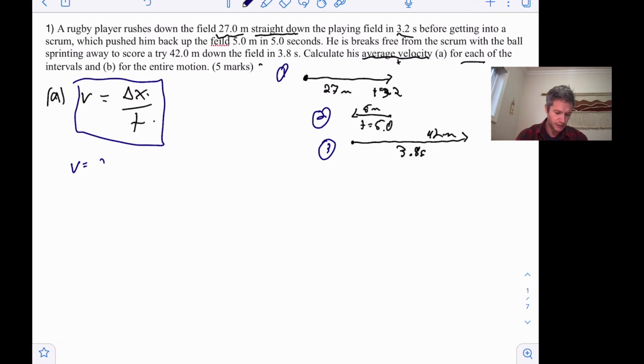So velocity equals 27 meters, and then our time for that segment is 3.2. Okay. So all I do in my calculator is I go 27 divided by 3.2, and that will equal 8.4 meters per second. So just to pause and kind of review that for a moment.